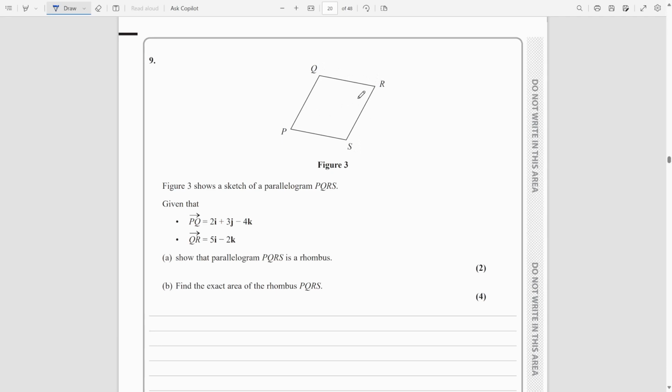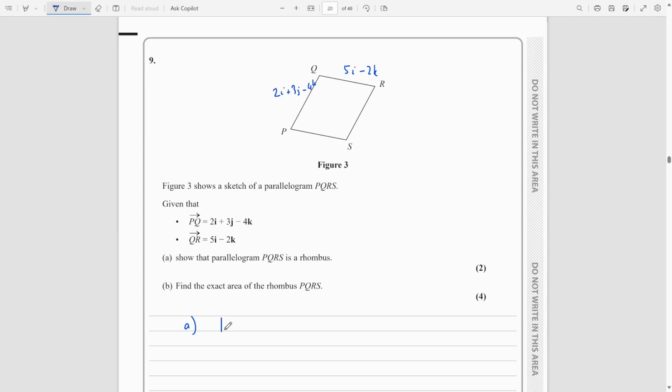We know that PQ, that's this bit here, is 2i plus 3j minus 4k, and we know that QR is 5i minus 2k. So to show it's a rhombus, I just need to show that these two are the same length. If those two are the same length, then so are these two, because it's a parallelogram, so PQ is the same as SR, and so on.